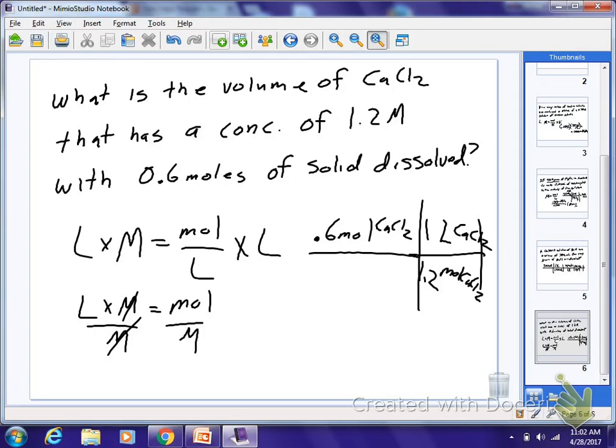Moles cancel out. I have my answer, 0.5. That's all you have to do. You don't have to do it this way, but when some of you do the algebra, you never get the right answer because you don't do your math correctly. Doing it this way is just converting. Units work out.